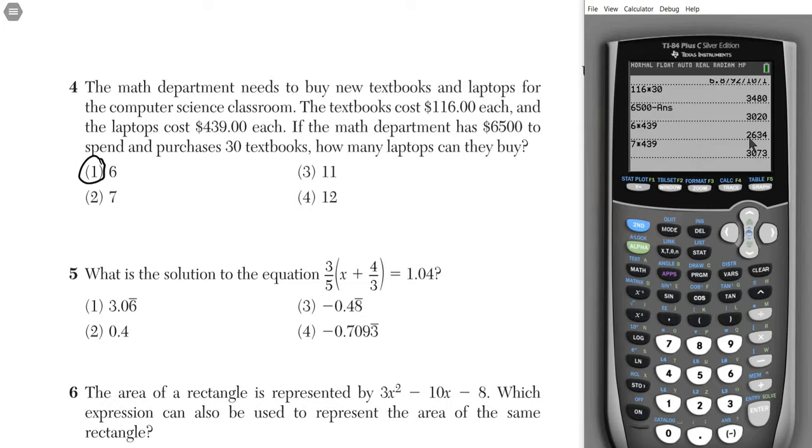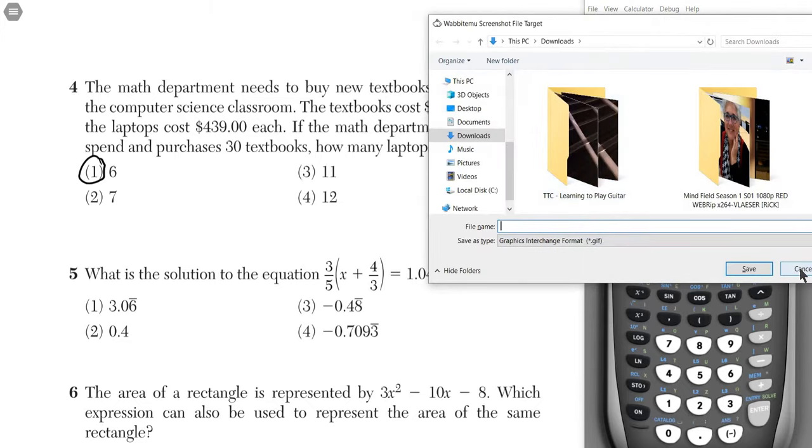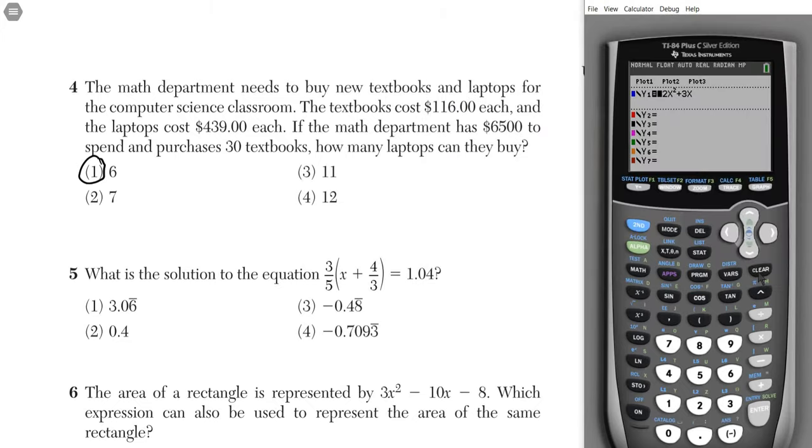So this we could solve algebraically by multiplying each side by 5/3 and then subtracting 4/3 from each side. But we could also do this using the calculator. So this is a very useful trick. Anytime you have an equation, they're asking you for the solution of the equation, y1 equals left side, y2 equals right side, and then find the point of intersection.